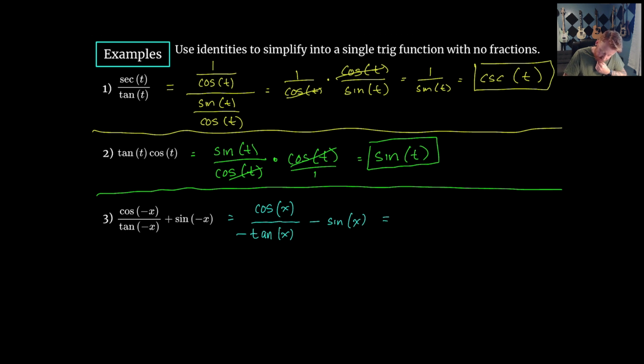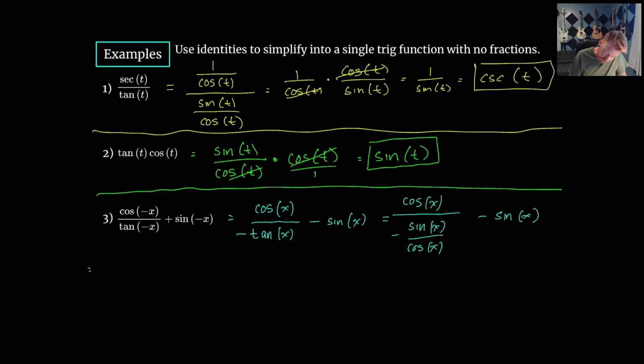Now I'm going to use these relationships that I already know. Cosine, of course, is still just cosine, so there's that. And now in my denominator, I'm going to rewrite negative tangent x as negative sine x over cosine x. And we are still subtracting sine of x. Okay, now I'm going to multiply by the reciprocal of the denominator in this first half of the expression.